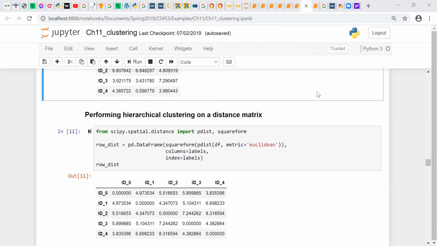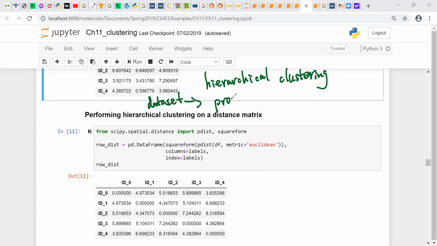And if you recall, for hierarchical clustering, from your original data set you need to come up with what we call the proximity matrix.